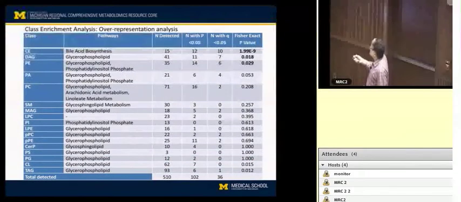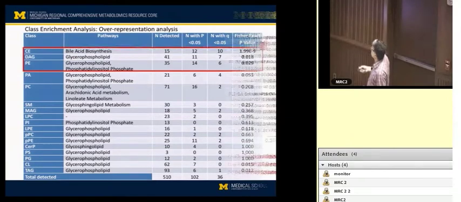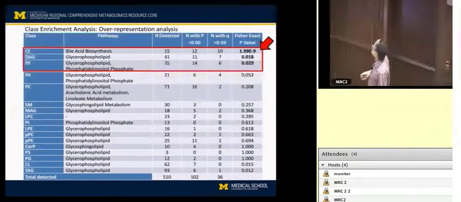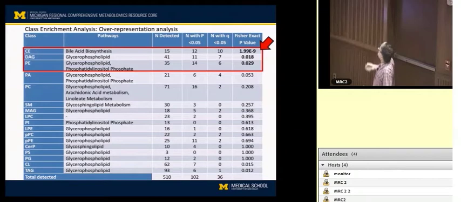So these are the different classes of lipids that we identified, and if you look at the top 3 rows, you would see that those are the ones that are highly enriched among the classes of lipids. For example, in cholesterol esters, we found 15 different and distinct lipids, of which 10 have passed the critical threshold of 0.05 after FDR correction, and that's highly significant.